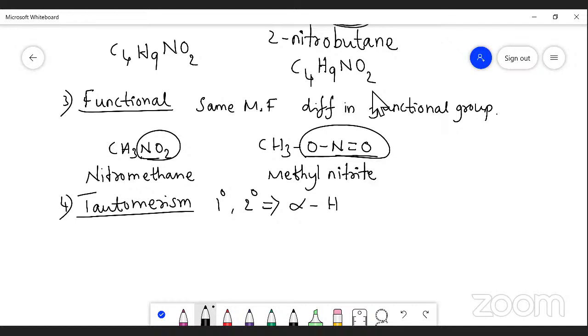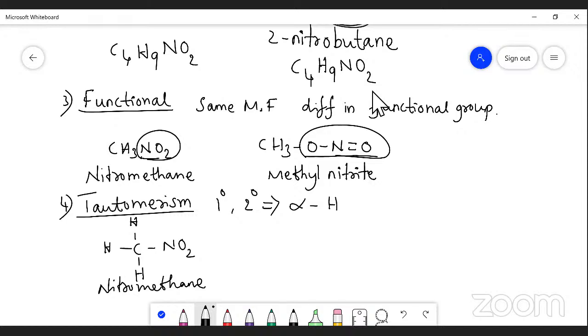For example, CH3NO2, this is nothing but nitromethane. Now, what is an alpha hydrogen atom?